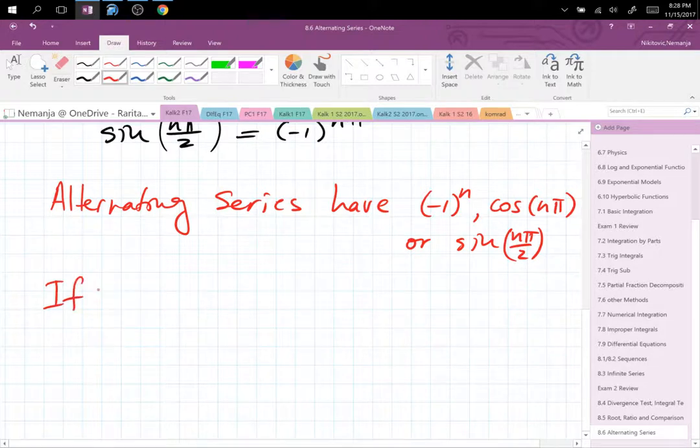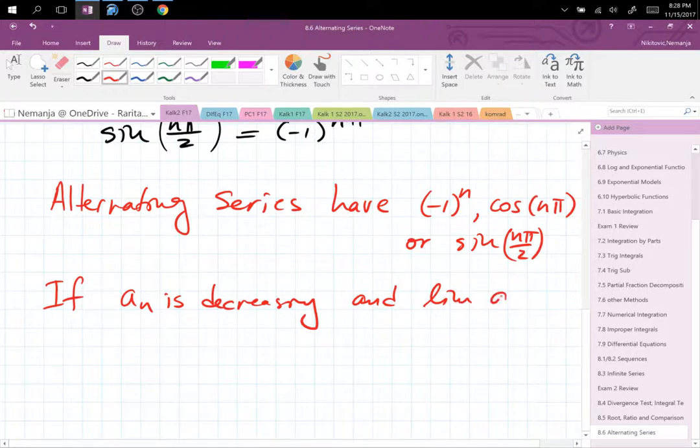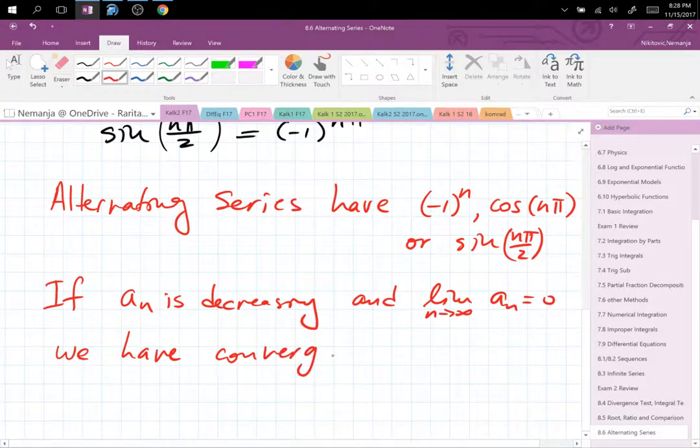If a_n is decreasing and the limit of a_n equals 0, then we have convergence.